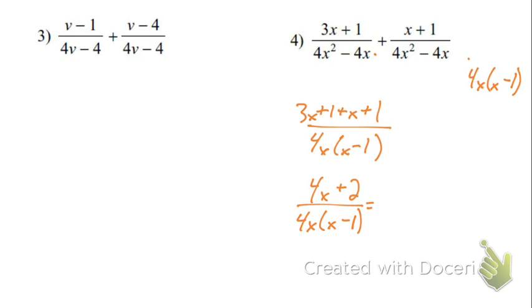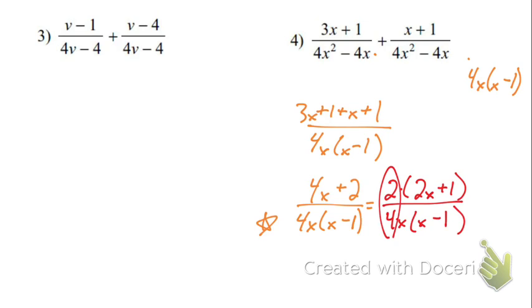Now, big thing we have to deal with here. We have to factor when we can. Up top, we can take out a 2. When you take out a 2, you're left with 2x plus 1. The bottom is still 4x, parentheses, x minus 1. Now, since these are being multiplied here and these are being multiplied here, I can take these two and simplify them. They're both divisible by 2. That turns into a 1, which basically goes away.